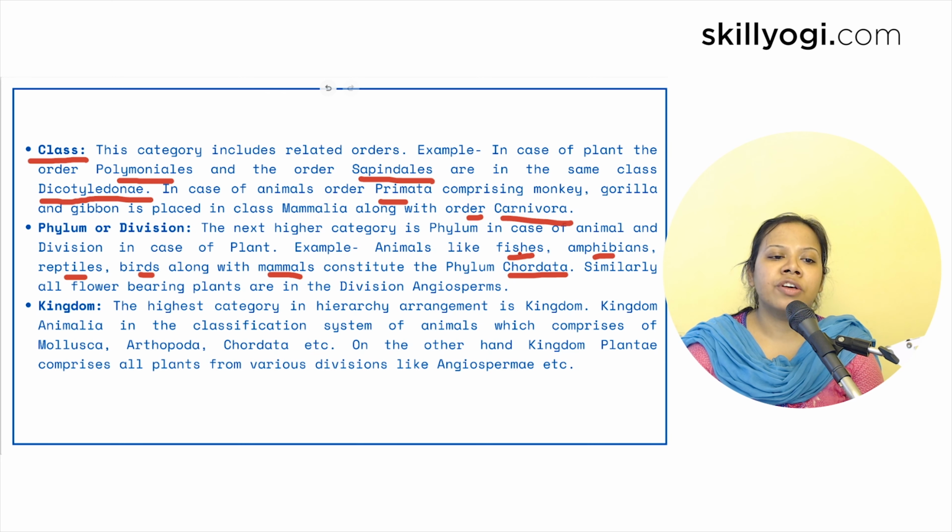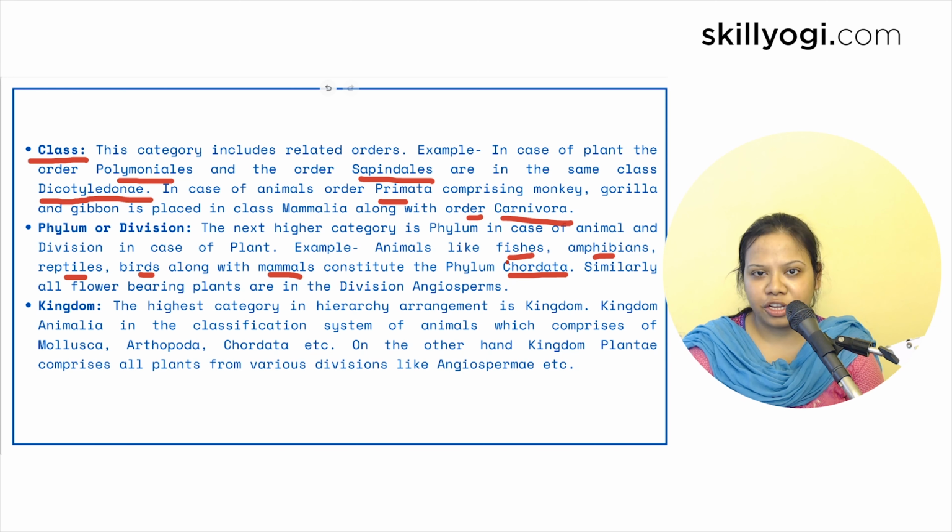In case of plants, the division Angiospermae comprises different classes, and the characteristic of all those classes is that they give flowers. The next highest category of the taxonomical hierarchy is kingdom. It is the highest.